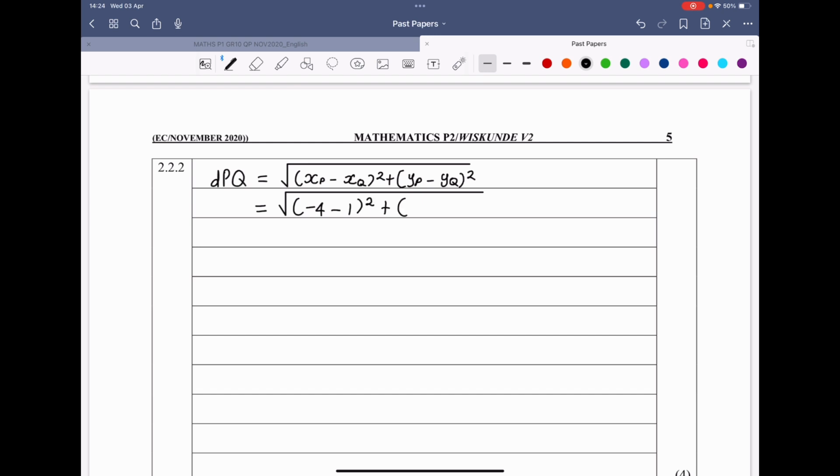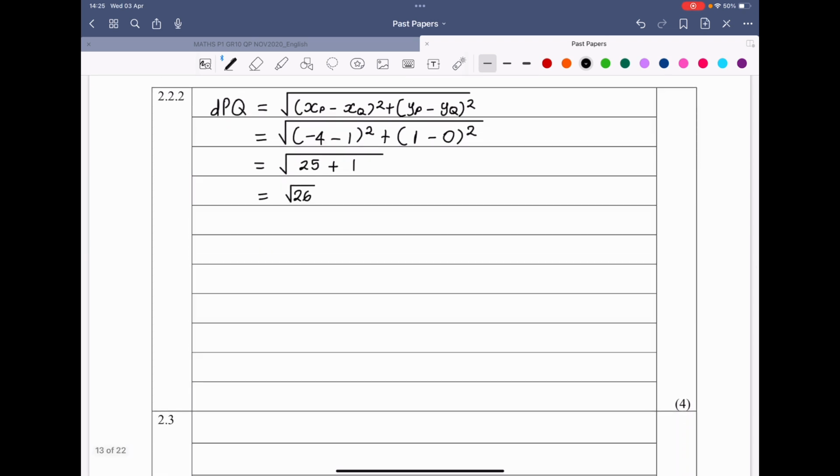And then I'll have the y coordinate of P, which is 1, minus the y coordinate of Q, which is 0, squared. And then this first bracket is going to be 5 squared, so it's 25. And then this next bracket is going to be 1 squared, which is 1. And then this is going to be the square root of 26.